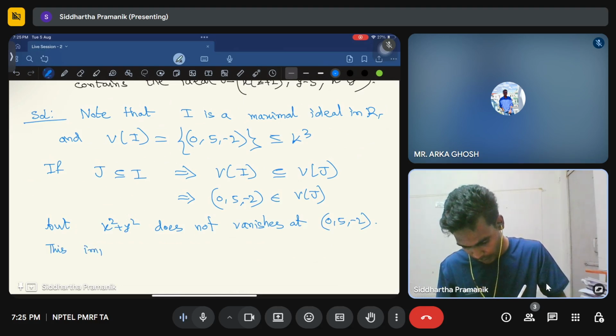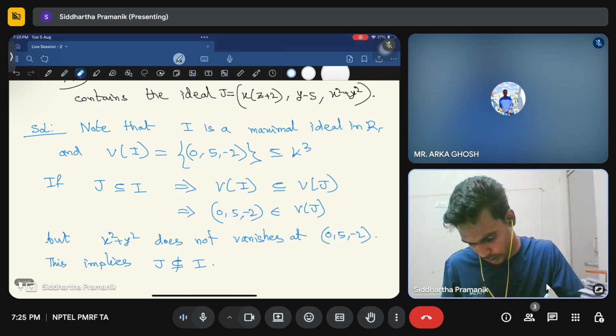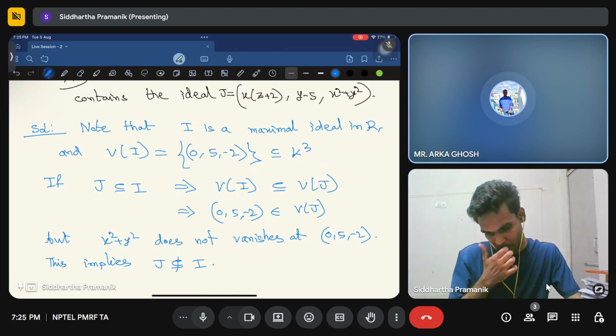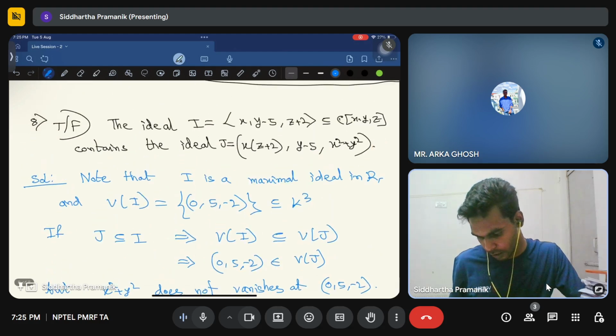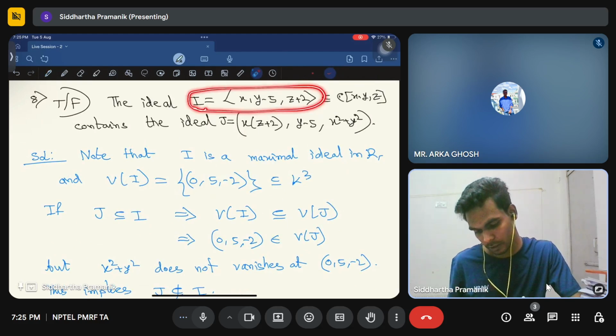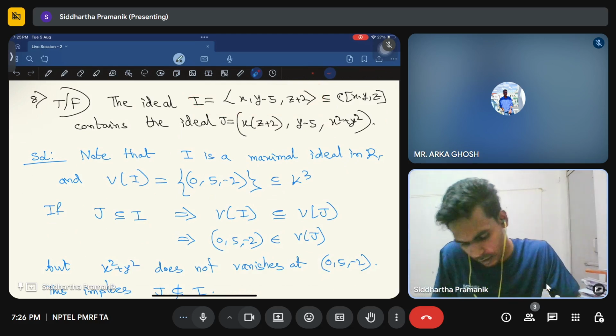So this implies J cannot be a subset of I. Is it okay, or do you have any doubt? No, sir, it is very clear. Okay. I feel this is a more convenient way of doing this, because this ideal is maximal and its variety is a singleton set. If the variety is more than one point, then there might be some difficulty, but in this case it is very simple.